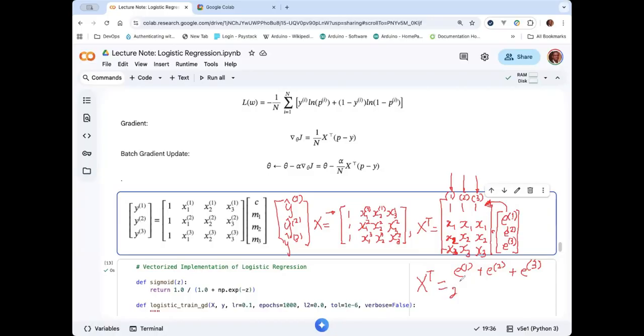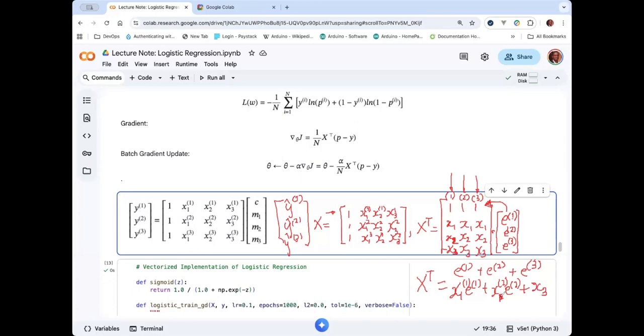So in the second one, it will be x1 times error of 1, and then plus x2 times error of 2, right? Plus x3 rather.